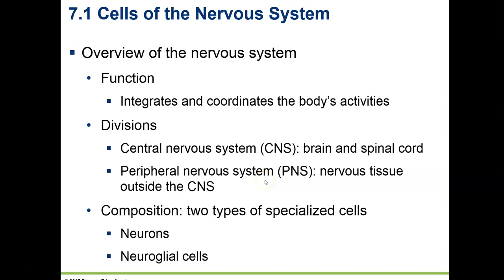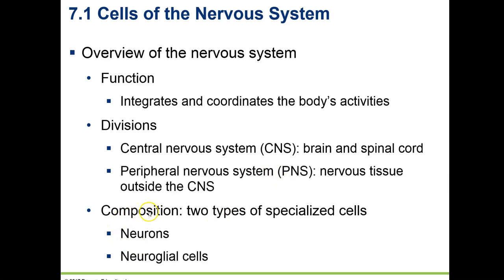Peripheral nervous system includes all the nervous tissue which is outside of the brain and spinal cord. For example, the cranial nerves, spinal nerves, they are in the peripheral nervous system.